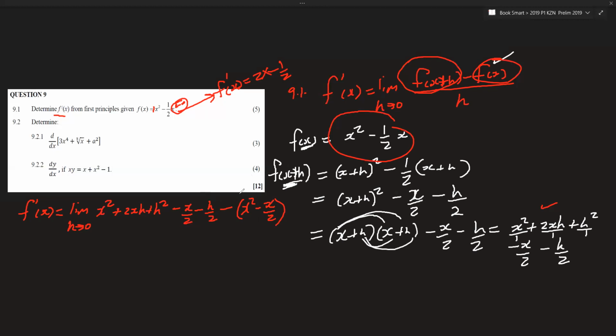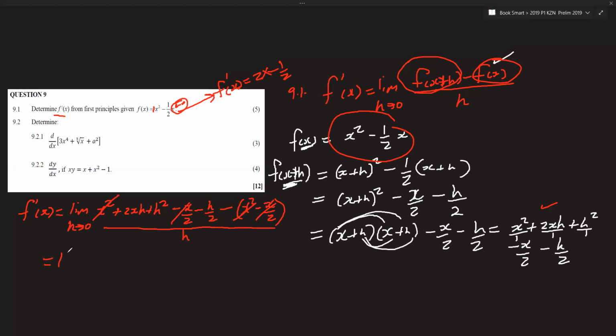And then, guys, my advice is this. F of x is always going to disappear. For example, this x squared will cancel this negative x squared. This one will cancel that one. But remember, we have all over h, right?